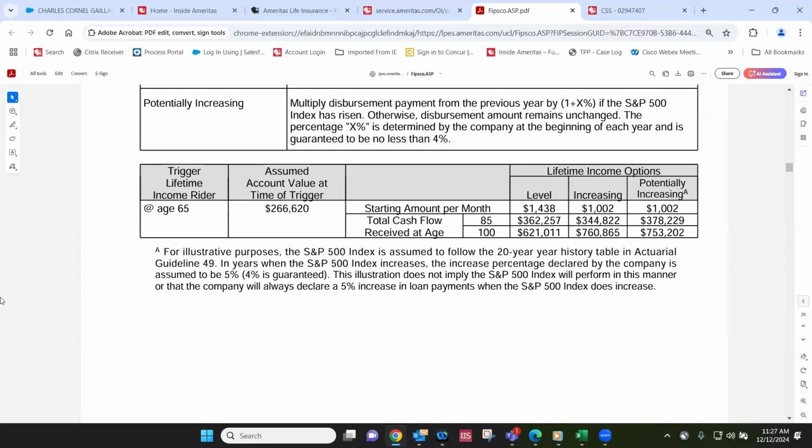At death, his $1,400 would obviously cease, and whatever remaining death benefit was intact would be payable to his beneficiary. Now, what's great about this lifetime income rider is, yes, we're paying it out as a loan, but we will never borrow out to the extent of lapsing the policy. And that's one thing you have to be careful of with traditional loans and withdrawals, is you don't want that policy to lapse.